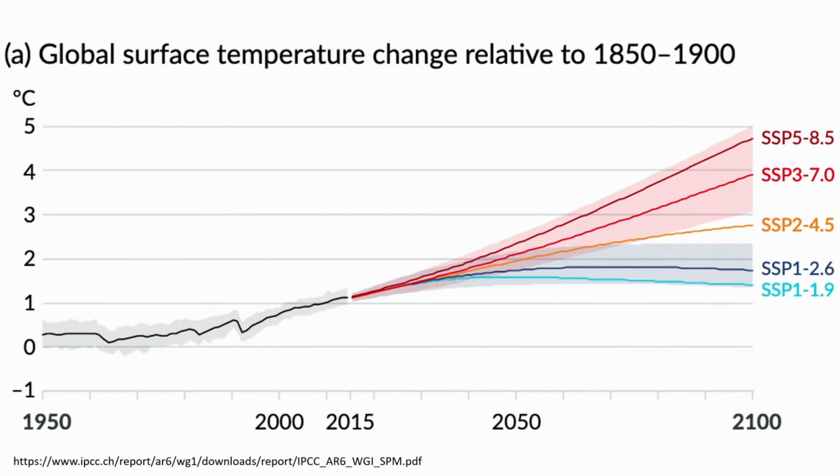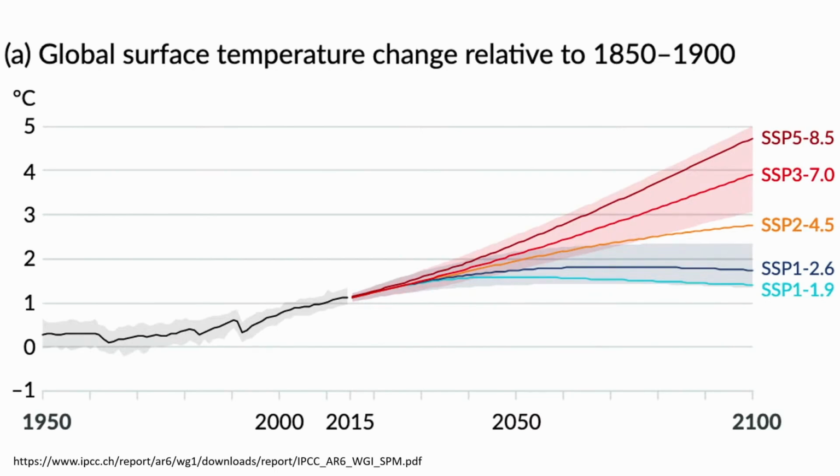The black line is the historical temperature from the 1950s up to now. So the black line is history. And these colored lines are future scenarios, showing how much the Earth is going to warm up in the future. One of the scenarios says you can expect a world 1 degree warmer by the end of this century, and another scenario tells you it can be 5 degrees warmer.